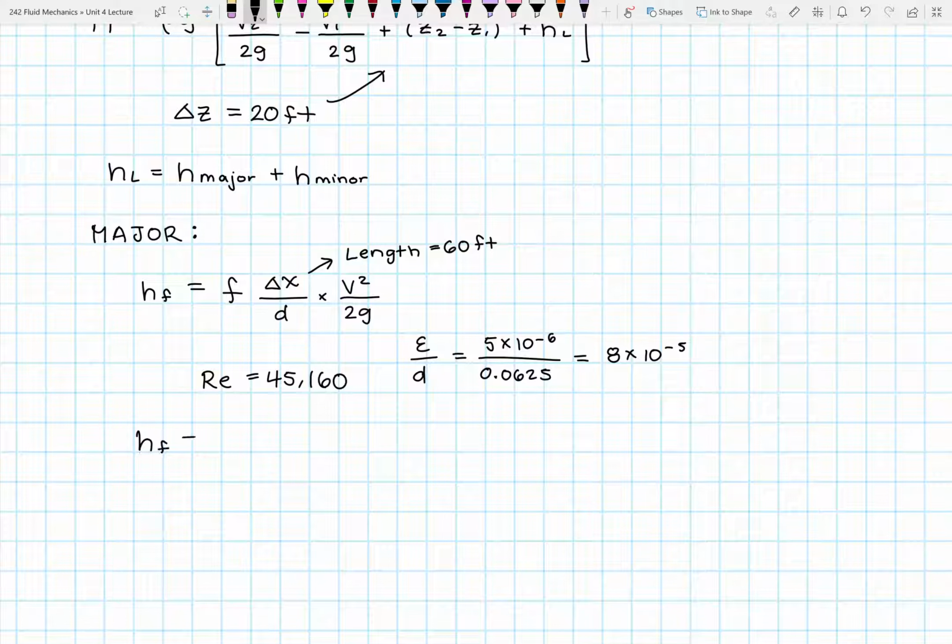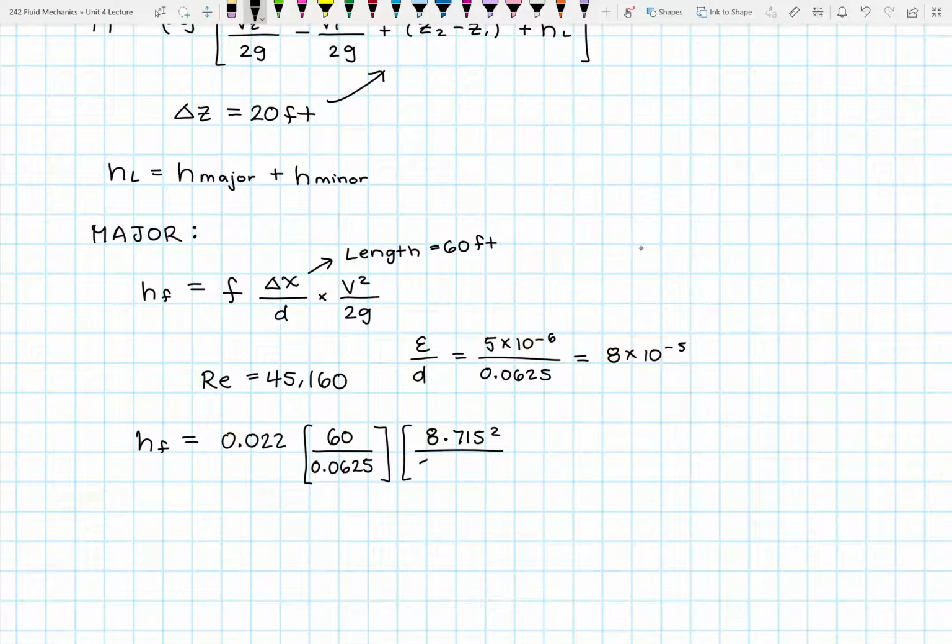So HF, our friction head loss, is going to be 0.022 times the length, which was 60 feet, the diameter of this region of the pipe, and then multiply that by the velocity squared over 2g.